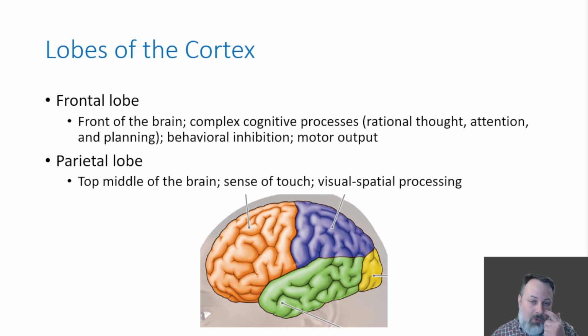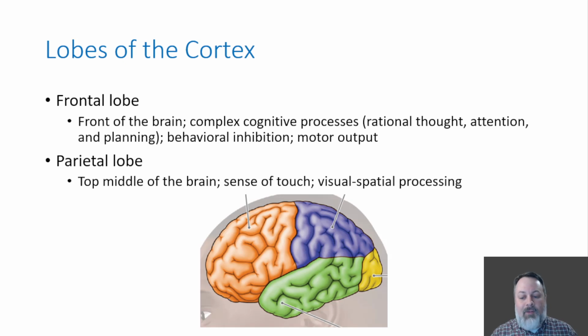Also, in the frontal cortex is what we call the motor cortex, which we mentioned earlier. And so the very back of the frontal cortex that kind of borders the parietal lobe is really important for motor movement.